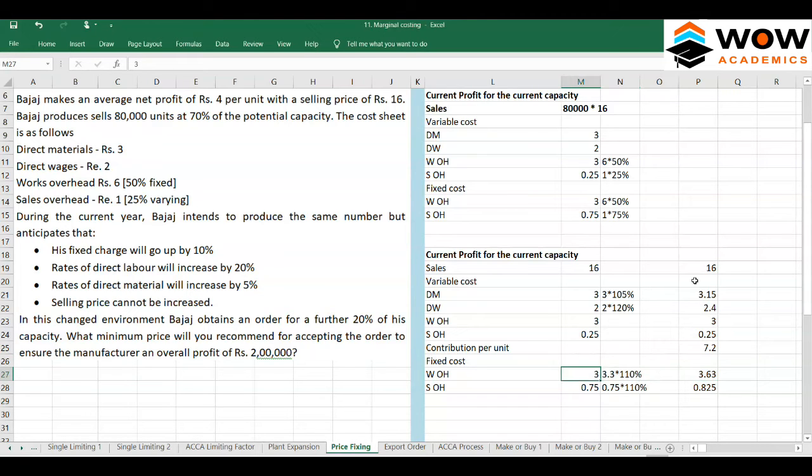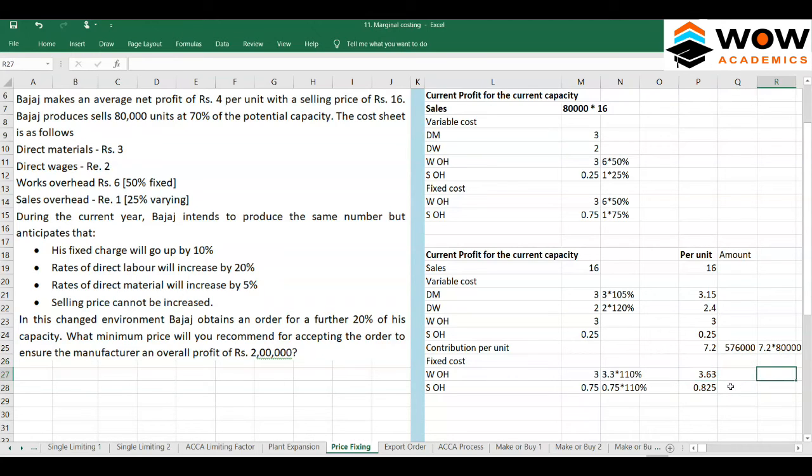And profit, so all these are in per unit. We can also put it for amount. We should put it for amount because 7.2 is per unit and we need it for 80,000 units. What is the amount? So 80,000 units, it would be, so this is a contribution for the company.